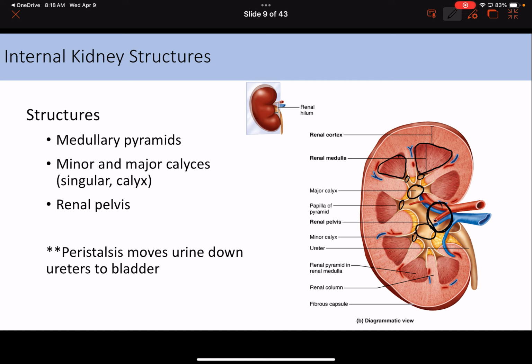So minor calyces lead to major calyces, which lead to the renal pelvis. And then once the urine moves into the ureters, it is going to move down that tract through peristalsis, just like it did with chyme and feces and such in the digestive system.